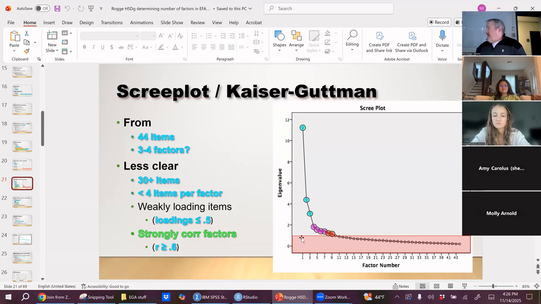So oftentimes, if you use the Kaiser-Guttman criteria, maybe you have a 4-factor solution that's the best fit, but it'll say extract 11 because your scree has gone above 1. So usually with a lot of items, Kaiser-Guttman is almost always, for me, an overestimate. But with the MPFI, it happened to be an underestimate.